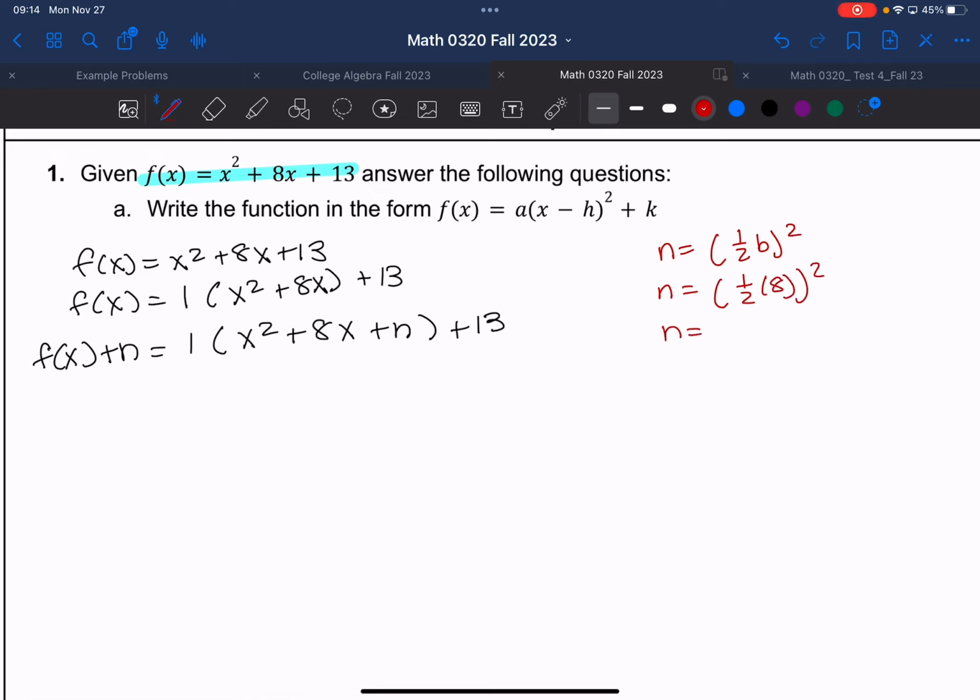So half of 8 is 4, and 4 squared is 16. So wherever I see that n, I'm going to be placing a 16. So this is f of x plus 16 is equal to 1 parentheses x squared plus 8x plus 16 plus 13.